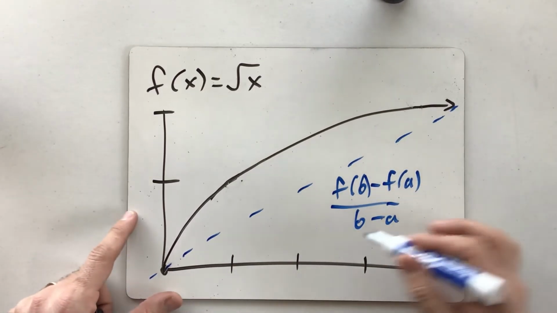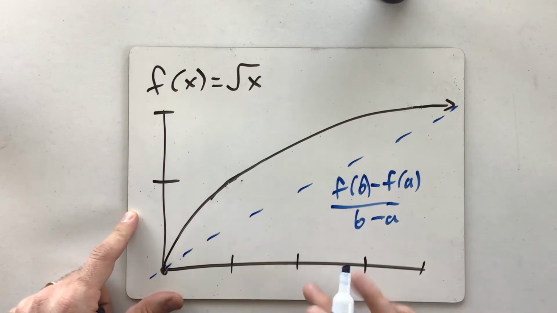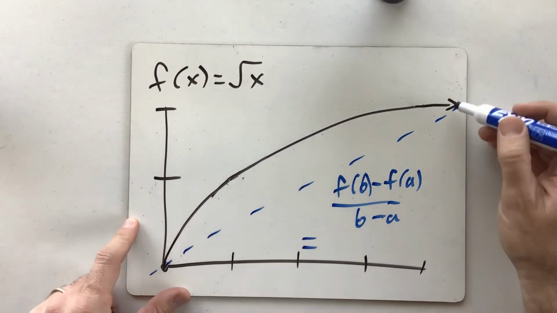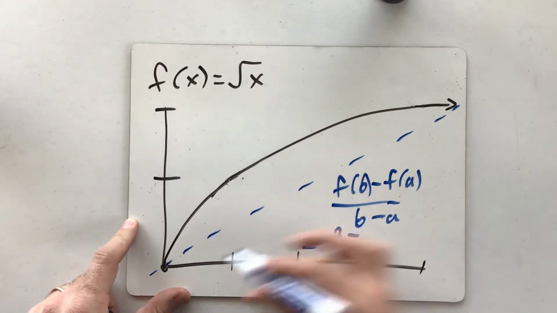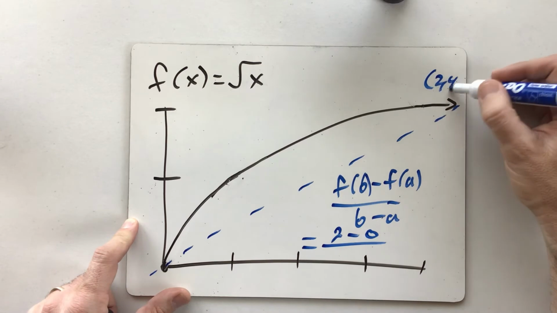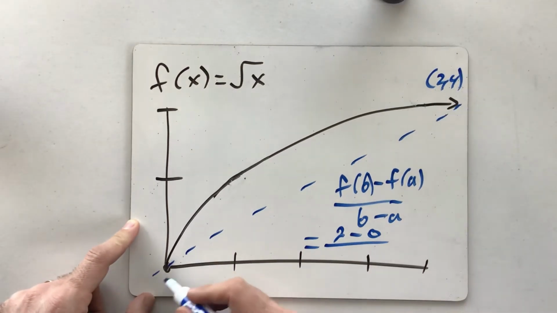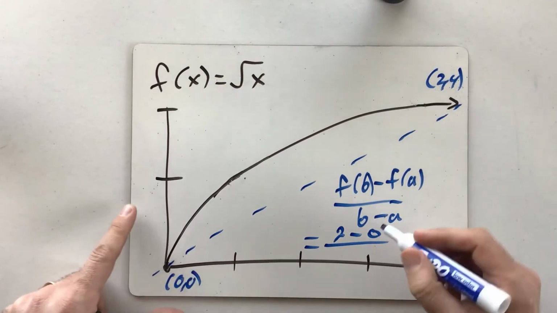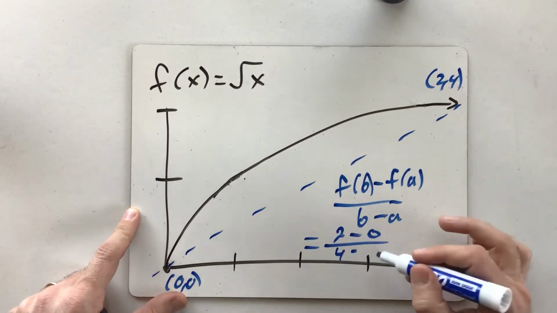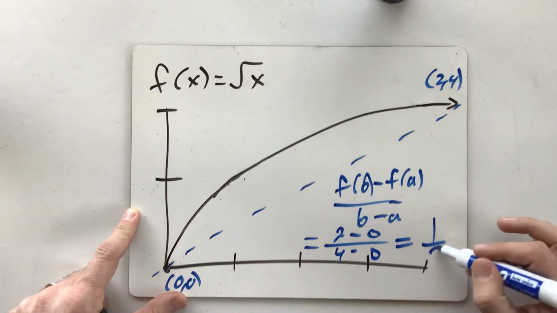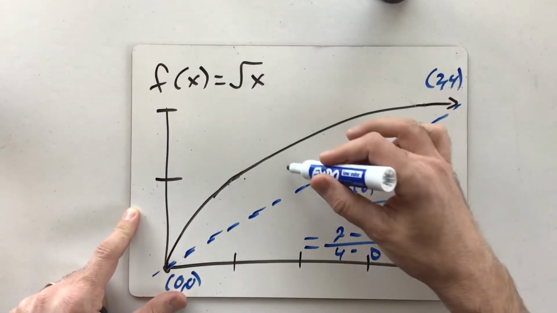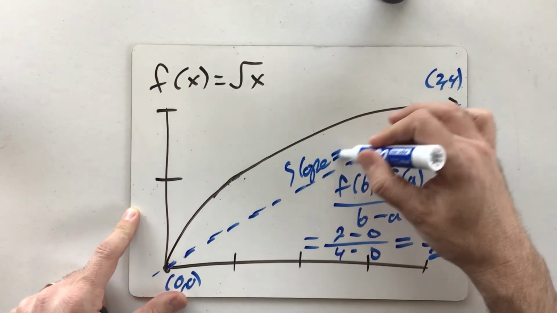For this problem, f of b is 2, f of a was 0, because this point is x equals 4, y equals 2, and this point over here is 0, 0. And then on the bottom, b is 4 and a is 0, so you notice the slope of this secant line is 1/2, right? That has slope equal to 1/2.